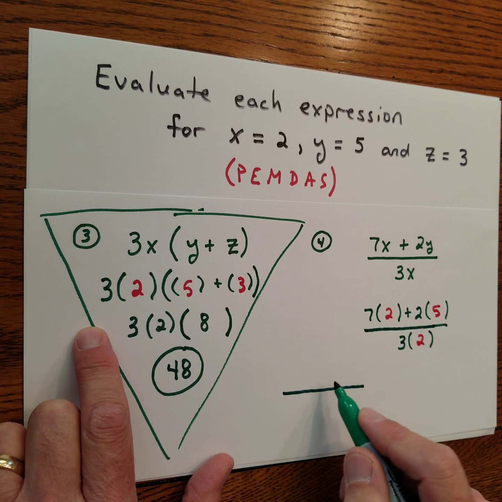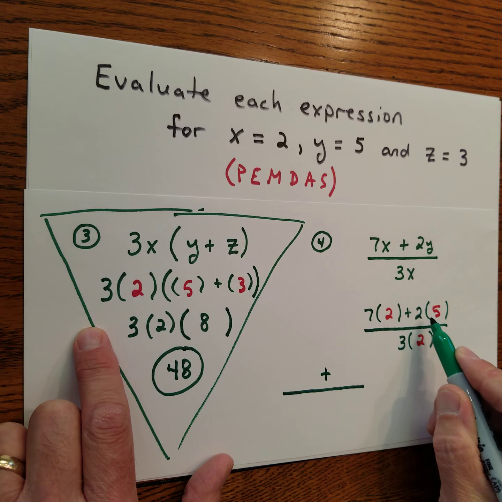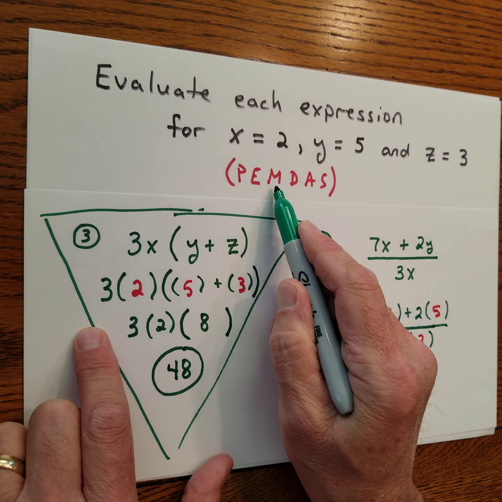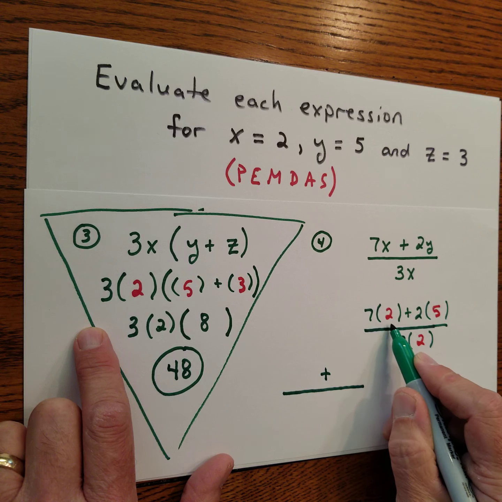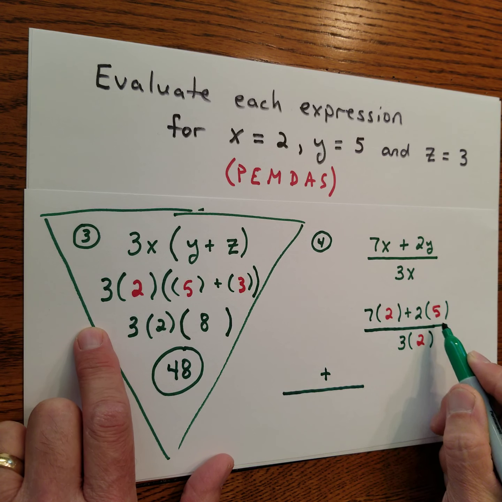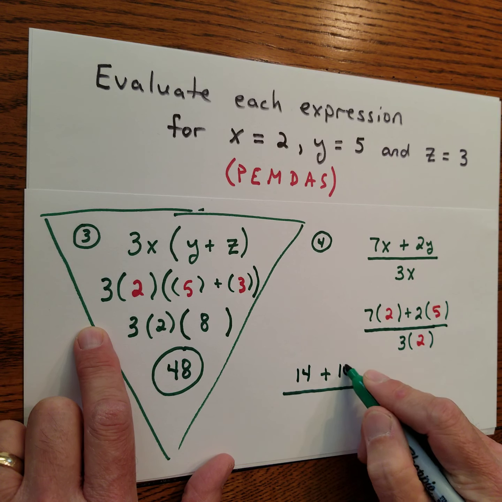I'll do the top group first. In the top group, I've got multiply, add, multiply. Multiply happens before add. So multiply the 7 and the 2, multiply the 2 and the 5. 7 times 2 is 14. 2 times 5 is 10.